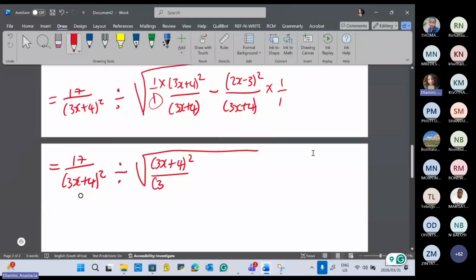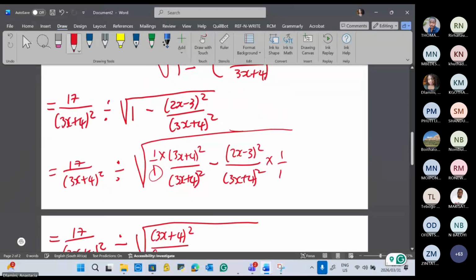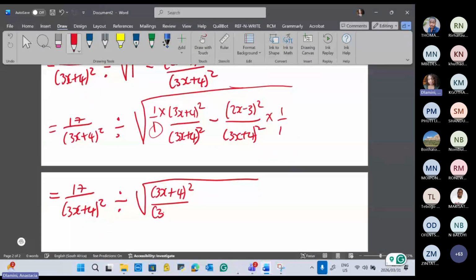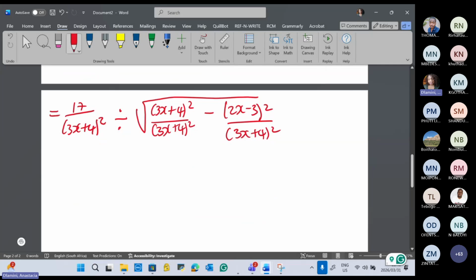Was this 3x plus, is this squared? No, ma'am, the squared was by your denominator. Thank you, yes. So this is (3x plus 4) squared minus (2x minus 3) squared. I'm just doing things step by step so that I don't get lost here. They have the same denominator, so meaning we can deal with the numerator in this case.